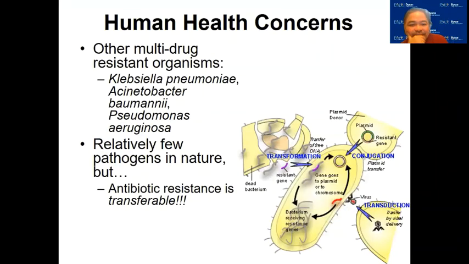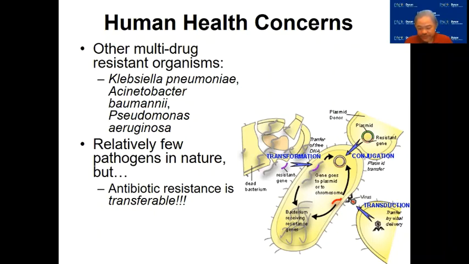So if we're going to look at how this resistance forms, they said there are three processes that are responsible for this. The first one that we have here is conjugation. We have conjugation when there is direct cell-to-cell contact between two bacteria, which need not be closely related, and transfer of small pieces of DNA called plasmids.